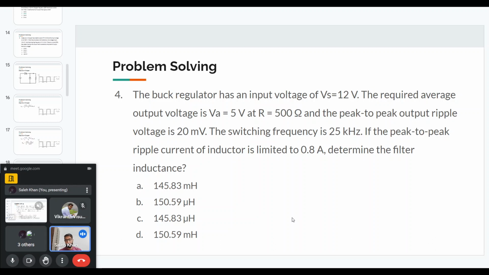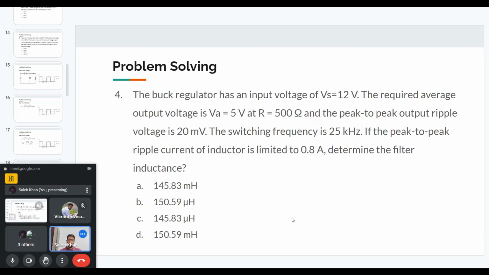And the peak to peak output ripple is 20 millivolts. So the average output is 5 volts, but it has a ripple, and peak to peak is 20 millivolts. So the output is actually going from 5 volts plus 10 millivolts to 5 volts minus 10 millivolts. And the switching frequency is given at 25 kilohertz.